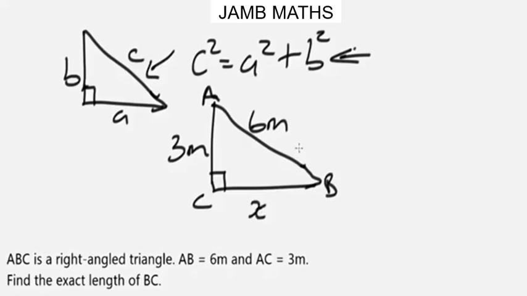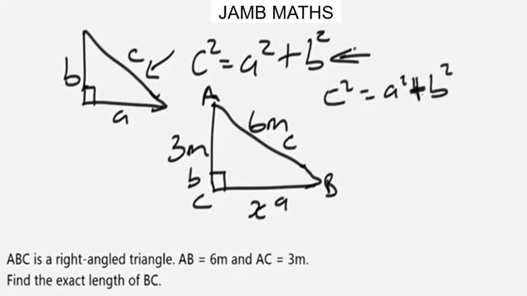Now this is also our C according to this formula, this is our A, and this is our B. From here you can go ahead and apply Pythagoras theorem, which is C square equals A square plus B square.